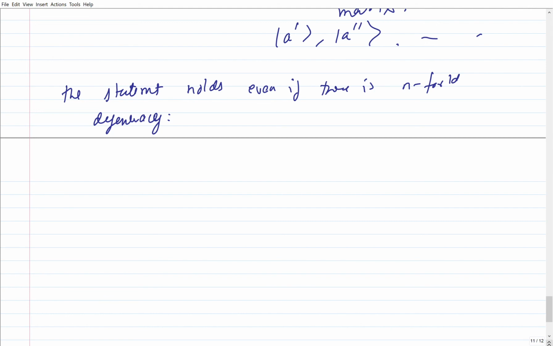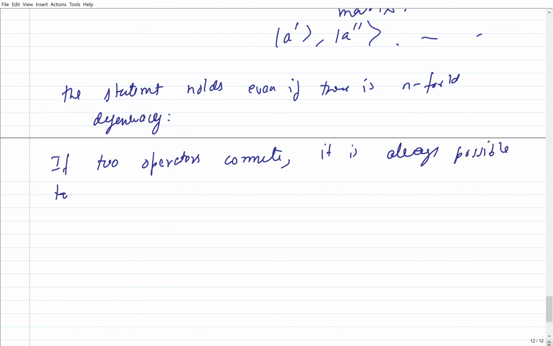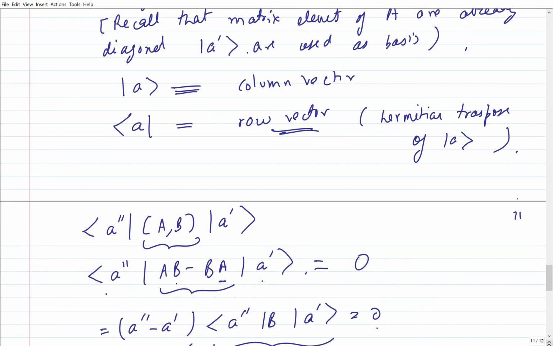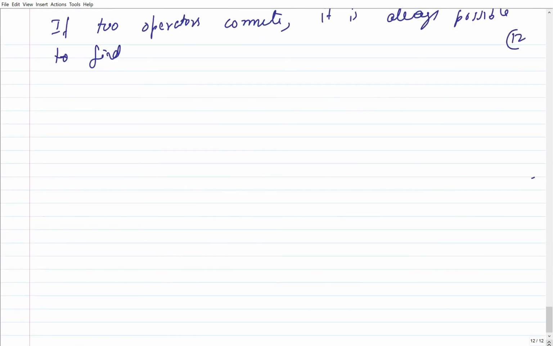Which is to say that if two operators commute, it is always possible to find a basis in which both of them become diagonal.